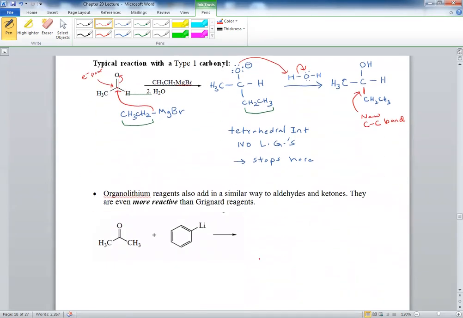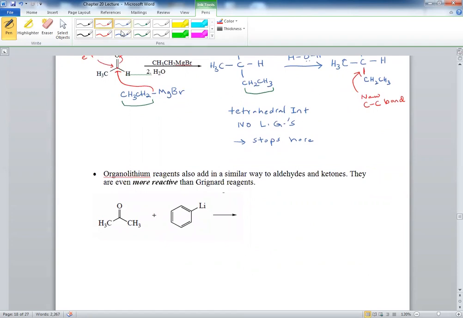With organolithium reagents, the same thing can happen. You should pause and draw the product.